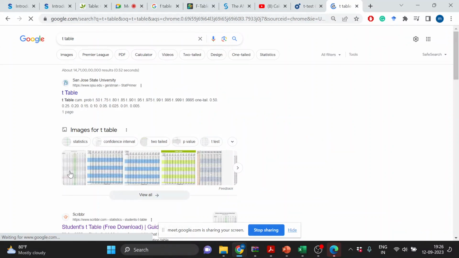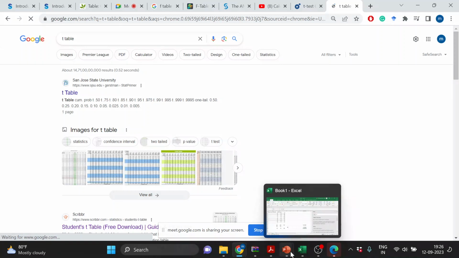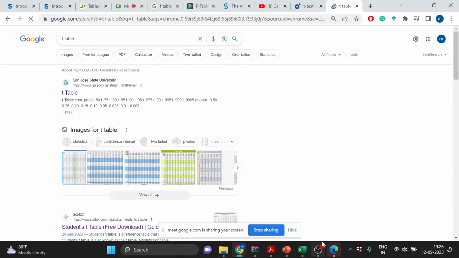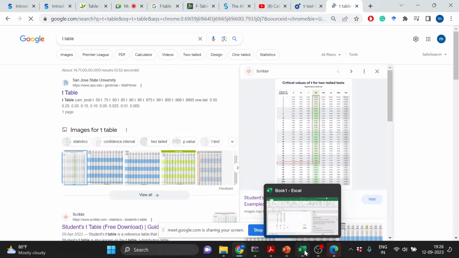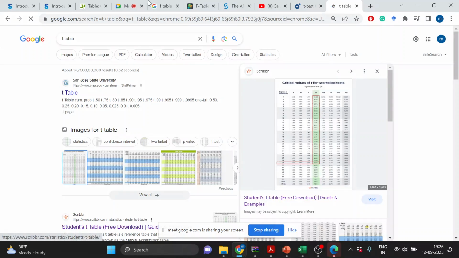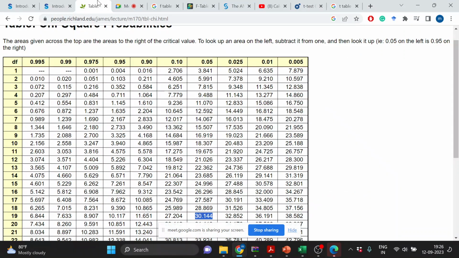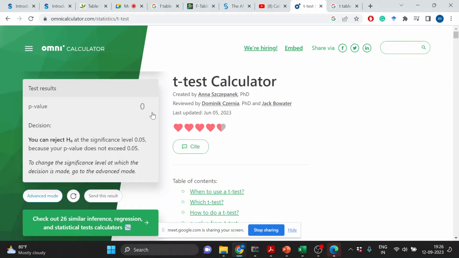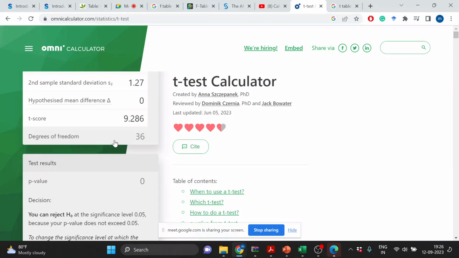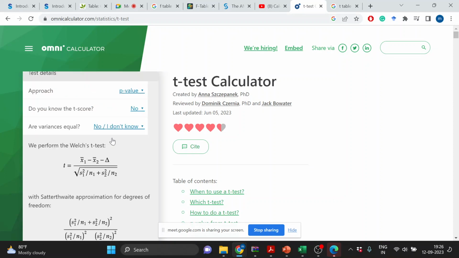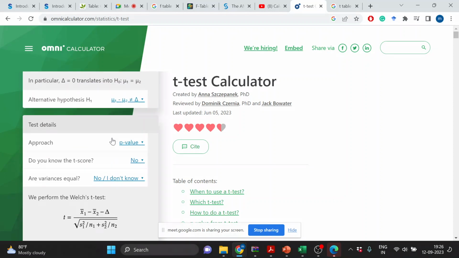How many degrees of freedom do we have in total? Alpha 0.01 is given, sir. Alpha 0.01, is it? Okay. P value.